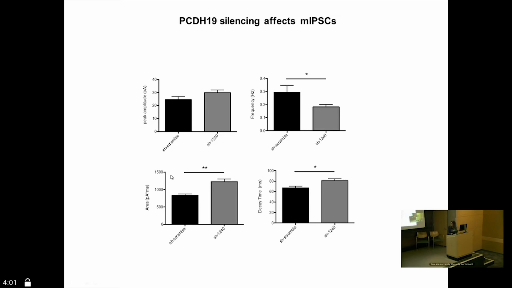But the reduction in the expression level of alpha-1 subunits causes an increase in area and decay.